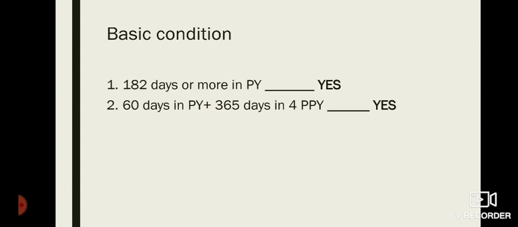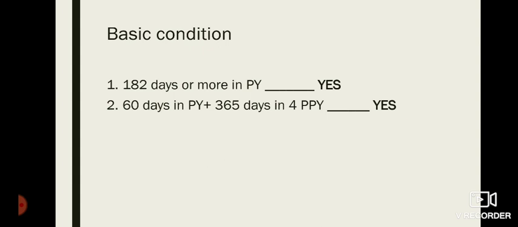Residential status can be calculated using two conditions, basic as well as additional conditions. What are the basic conditions? The first basic condition is that he has been in India for 182 days or more in the previous year. The previous year is 2019-20, and for how many days was Mr. Arun in India?